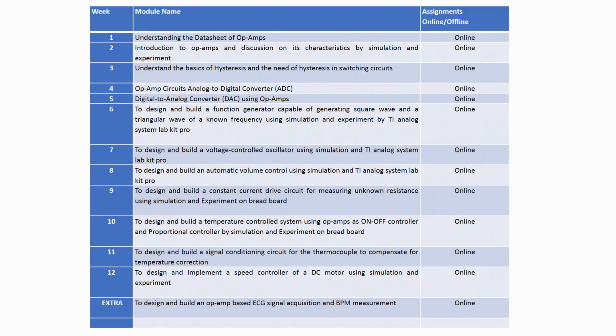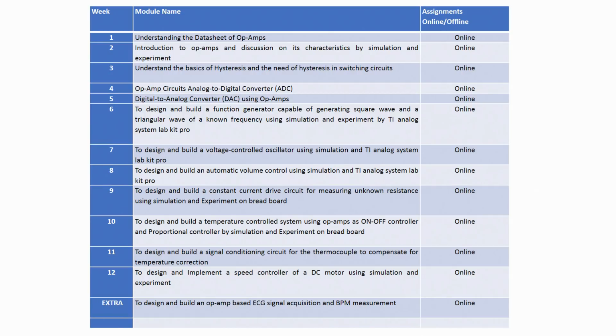We will also design and build automatic volume control using simulation. Further, we will understand how to build a constant current drive for measuring unknown resistance. We will take an example of a temperature control system and how we can build this kind of system using op amps as an on-off controller and proportional controller.